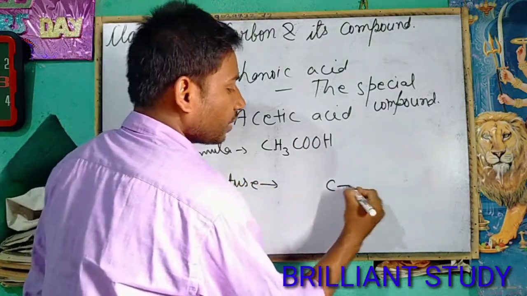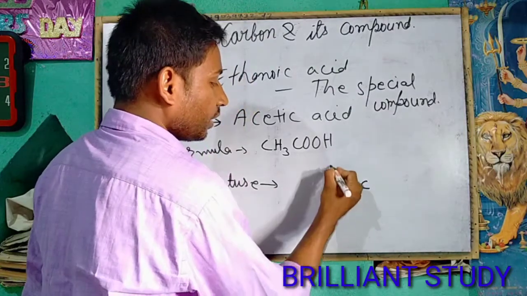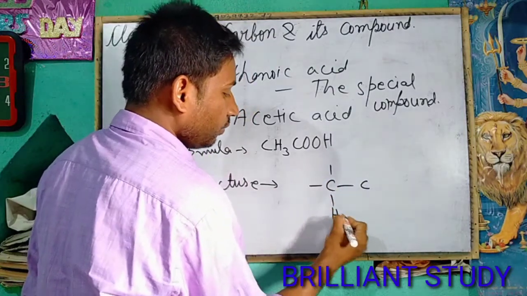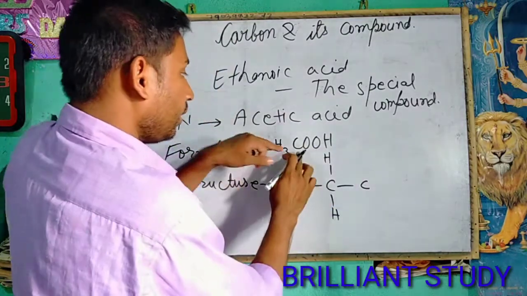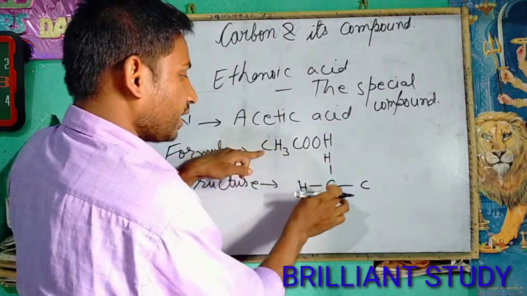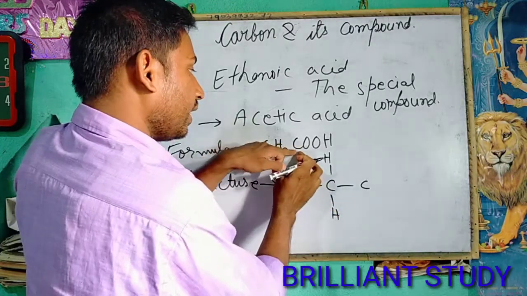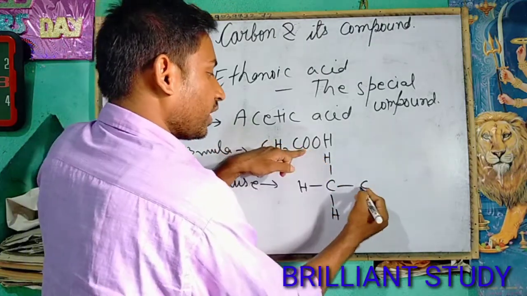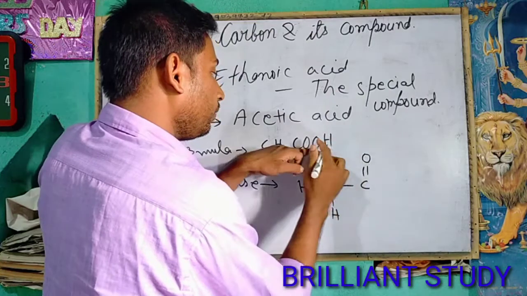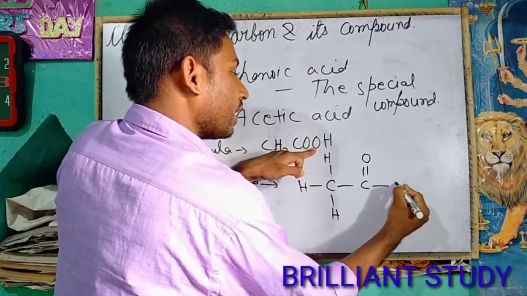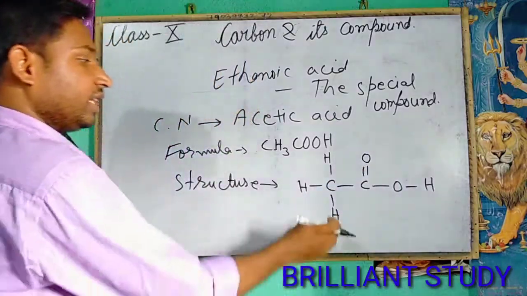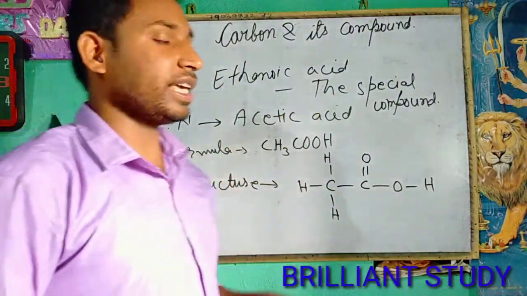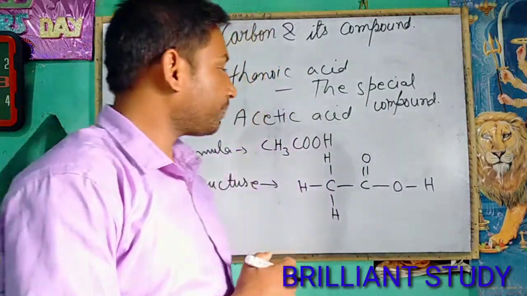C single bond, C single bond, single bond with hydrogens, and CH3, C double bond O, again single bond O, single bond H. This is the structure of ethanoic acid or acetic acid.